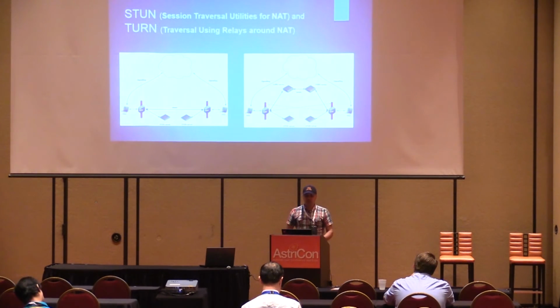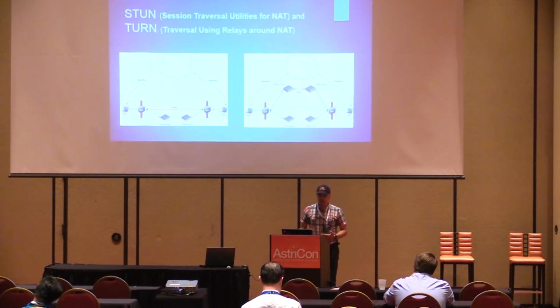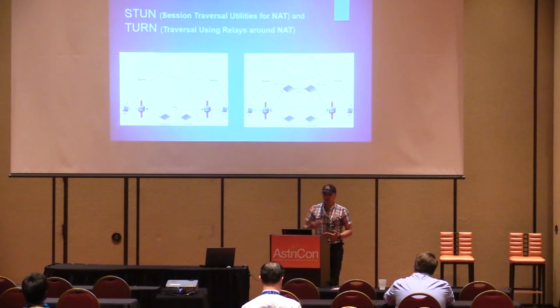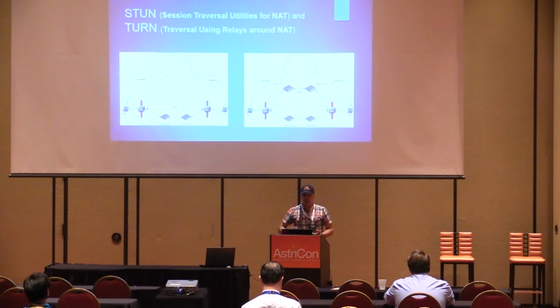STUN is used for the signaling part. You're trying to find out what your external IP address is: if I send a packet out, what would it be? The STUN server tells you what port you are using and what the IP address is, so you put it in your SDP session when you're communicating with the significant others.